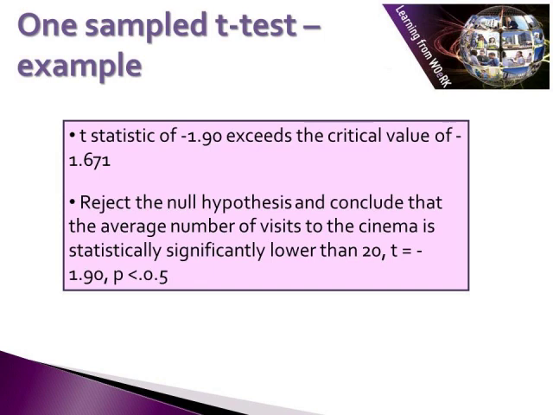Therefore, if it exceeds it, that means that we have to reject the null hypothesis, and we have to conclude that the average number of visits to the cinema is statistically significantly lower than 20. So we can then write that t equals minus 1.90, p-value less than 0.05.